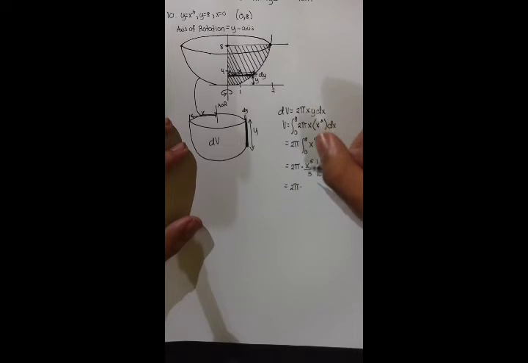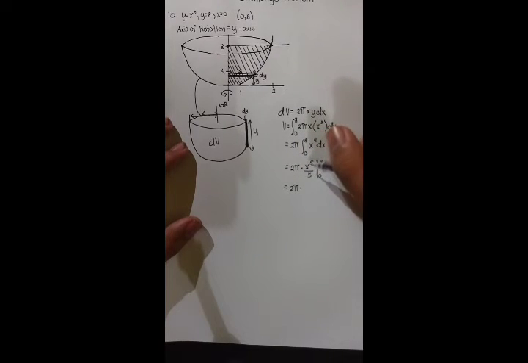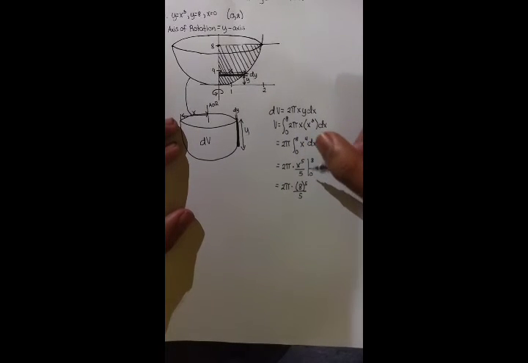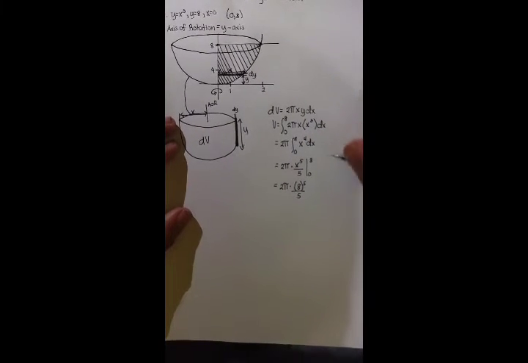Next, substitute 2 pi times, substitute x to 8. So 8 raised to 5 over 5, and substitute 0 to x, and 0 to the 5th is equal to 0, divided by 5 is equal to 0.